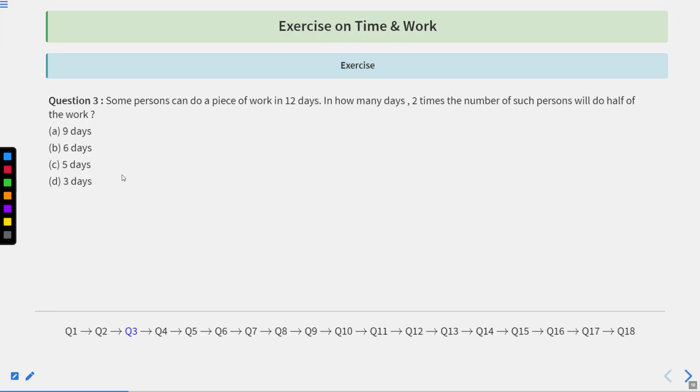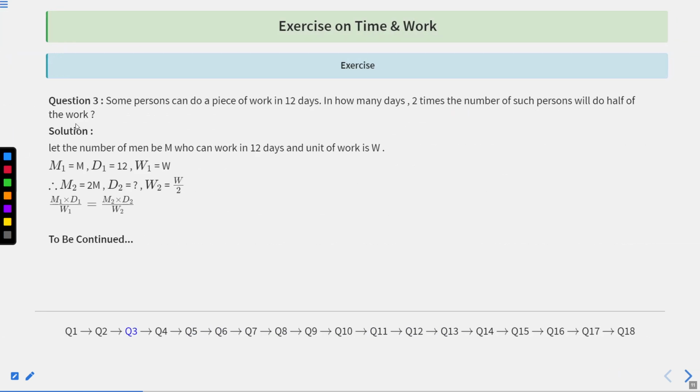Now, question number 3. Some persons can do a piece of work in 12 days. In how many days will twice the number of such persons do half of the work? So let the number of men be m who can do the work in 12 days and the unit of work be w.